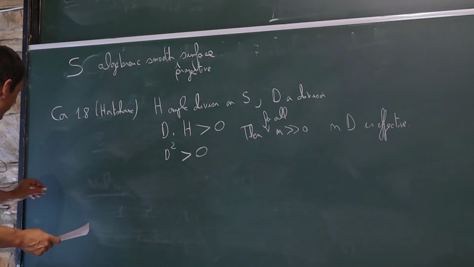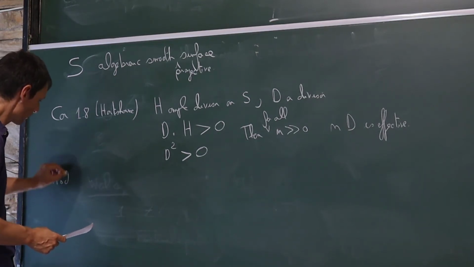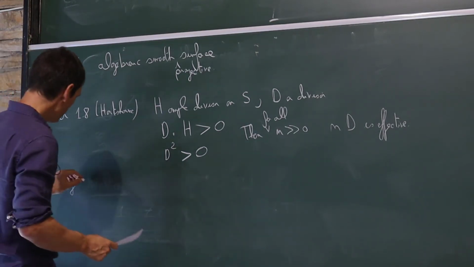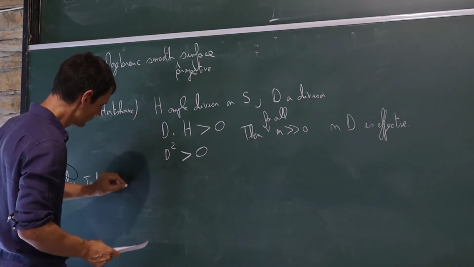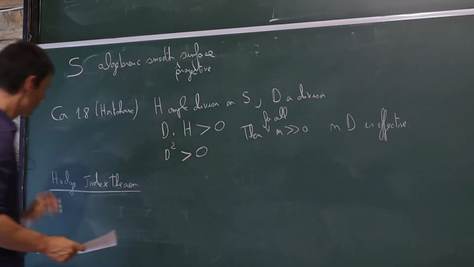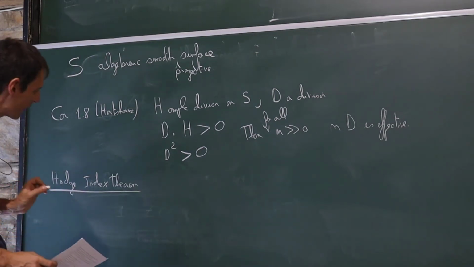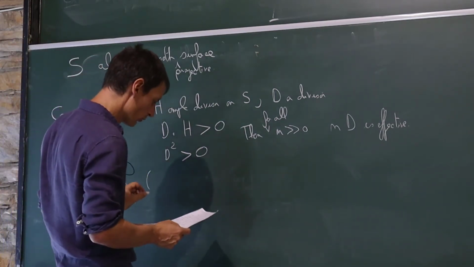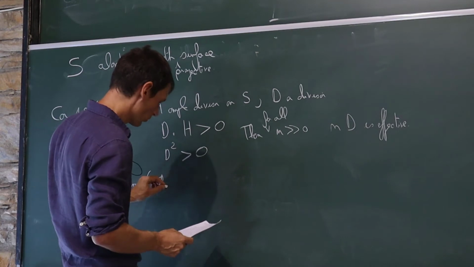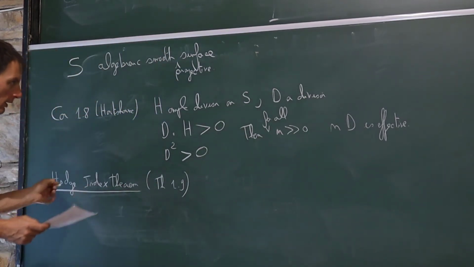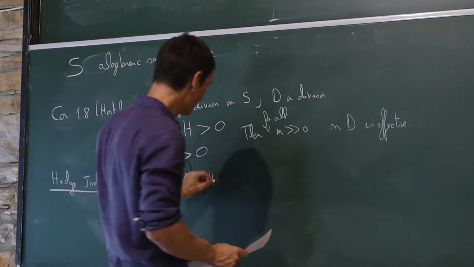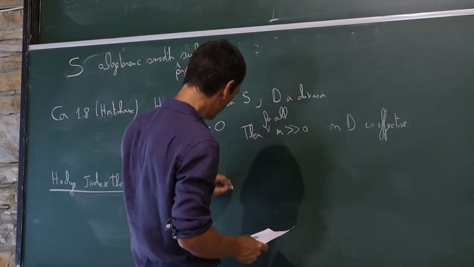And from this, the first important result is the Hodge index theorem, which is also in Hartshorne, but it's not exactly the same form that I'm going to use. Hartshorne uses something a bit different. It's theorem 1.9, and I'm going to give a version which is a bit weaker somehow, but enough for us.